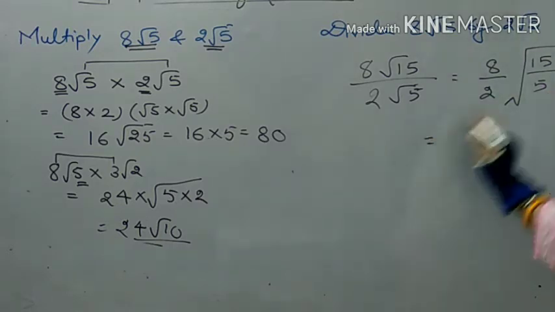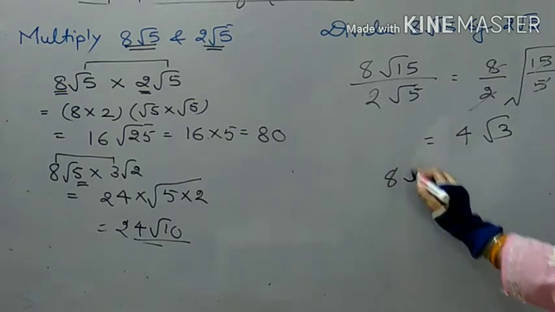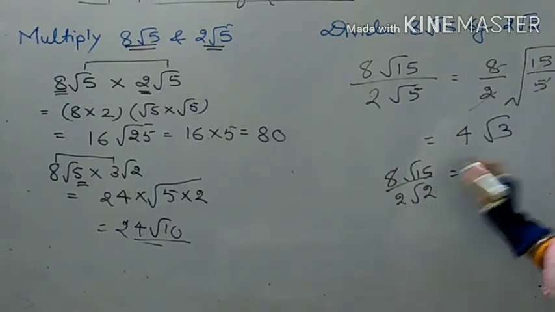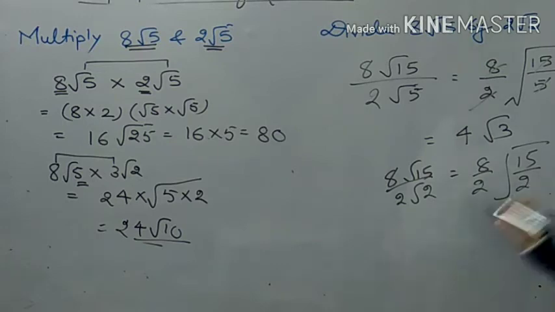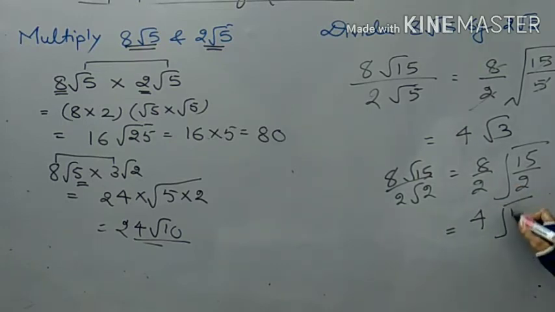So with this, 4 by 4, 5 3s are 15, so 4 root 3. And if it is like this, 2 root 2, then 8 root 15 upon 2, there is no cancellation, so you keep it as it is, and the answer will be 4 root 15/2.